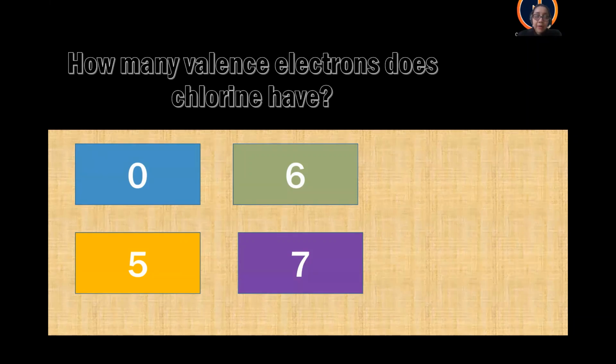Giving you more hints, valence electrons are the electrons that are present in the outermost shell. And the correct answer is 7. I'm sure that you have answered it correctly, and you must have used the knowledge of the periodic table.